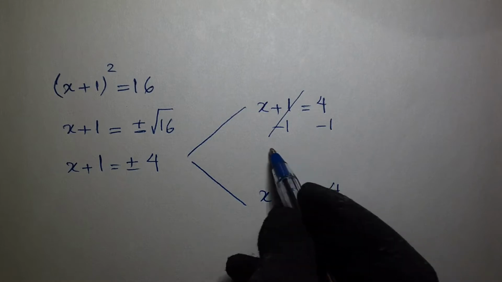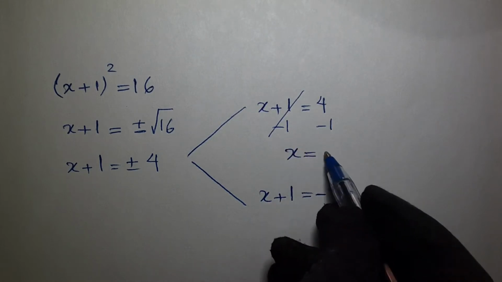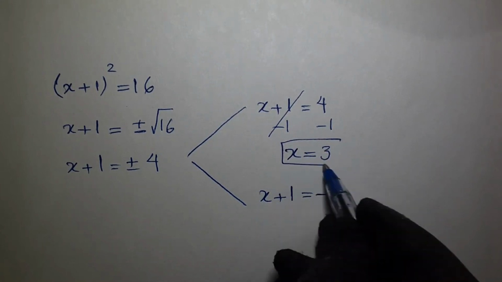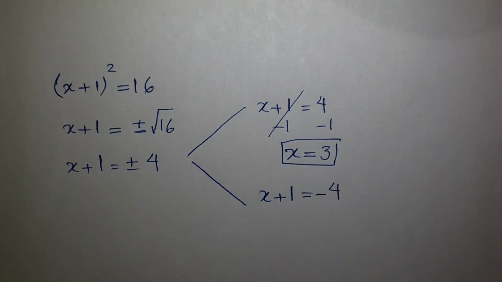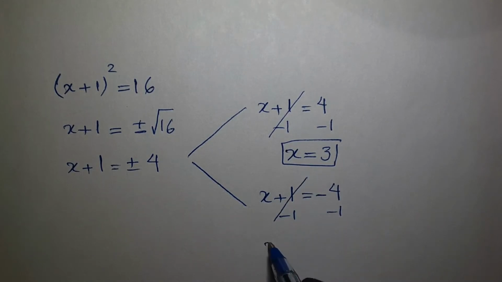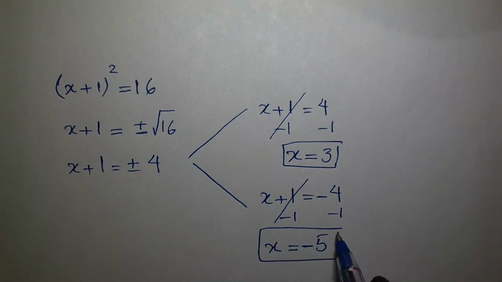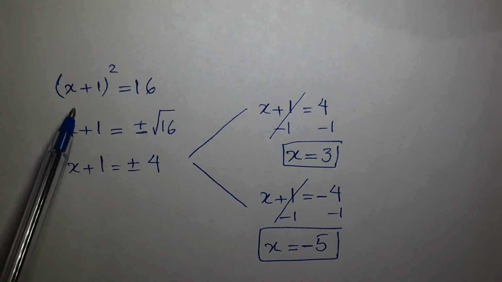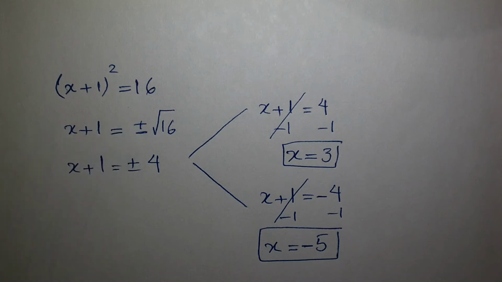Subtract 1 from both sides, so x equals 3 for the first equation. Subtract 1 from both sides of the second equation. x is negative 5. That means we have two solutions for this equation. So we learned how we can use the square root property to solve an equation.